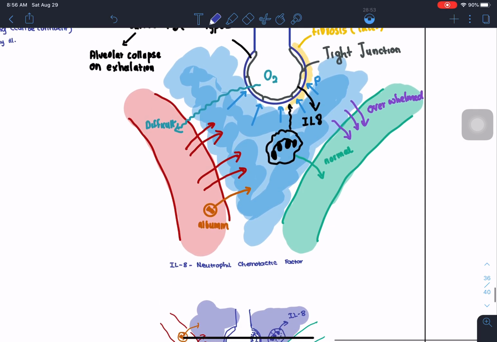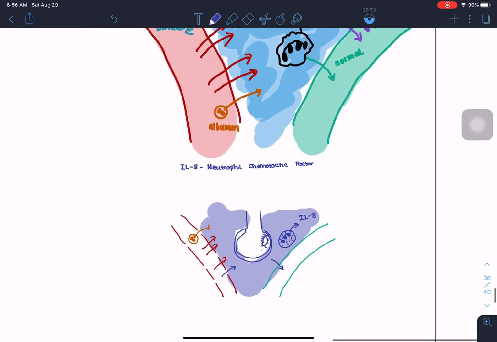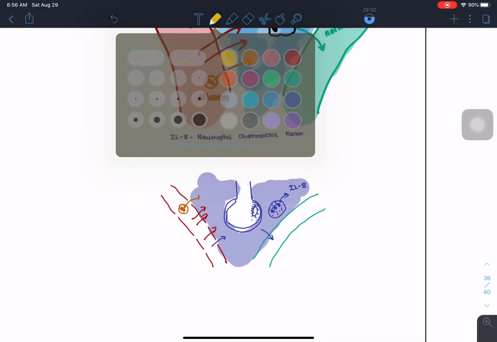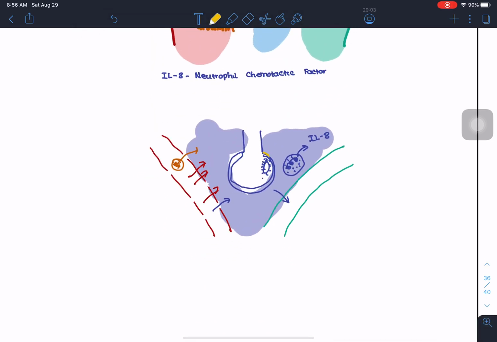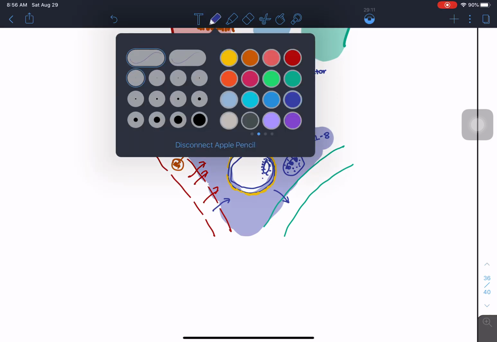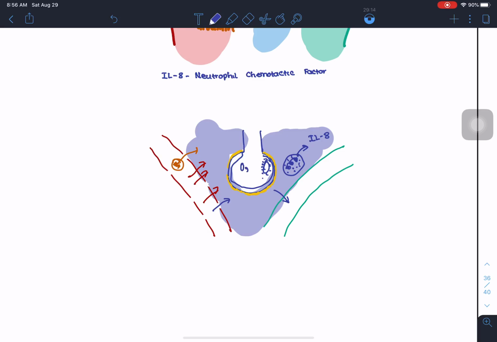And what happens over time? There's going to be fibrosis. This is a late stage. And before that happens, we need to talk about the oxygen diffusion across.